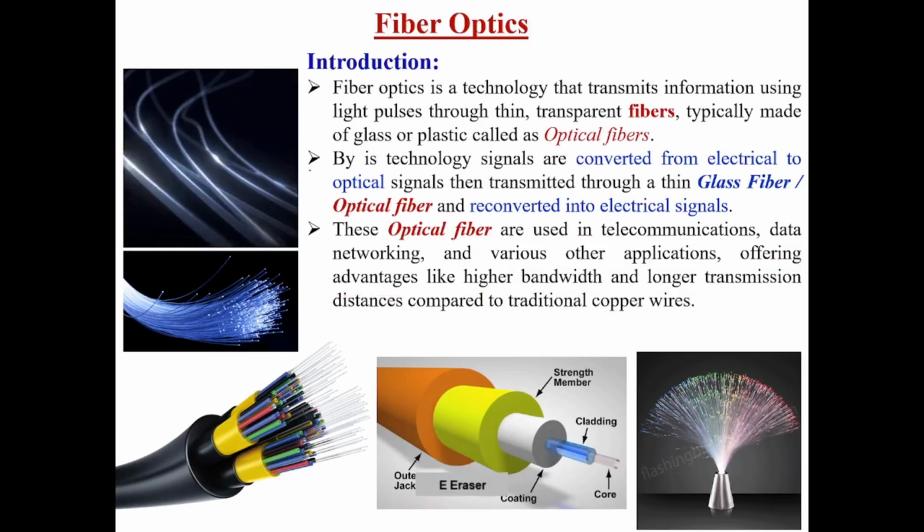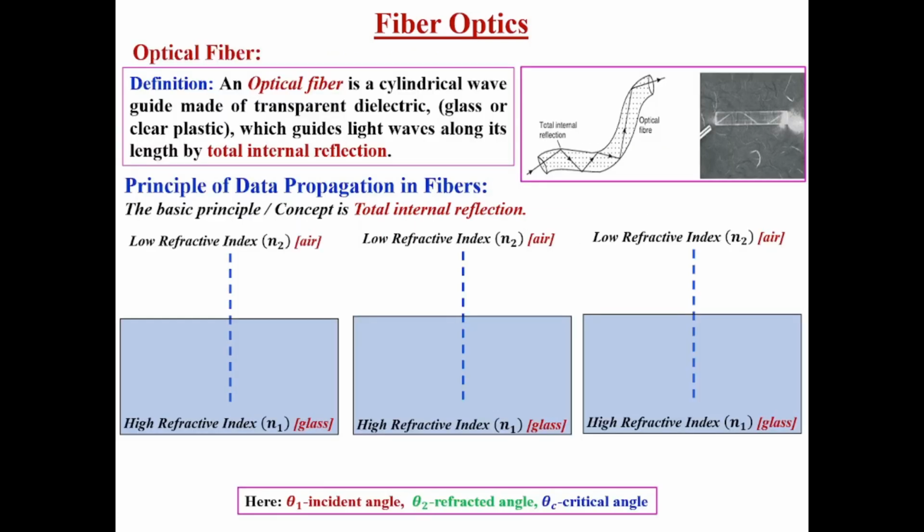So in short, we discussed the introduction part of fiber optics. Then we are going to move further towards the principle of data propagation in fiber. First of all, if a question is asked to define the optical fiber, you have to write this much: an optical fiber is a cylindrical waveguide made up of transparent dielectric, that is glass or clear plastic, which guides light waves along its length by total internal reflection.